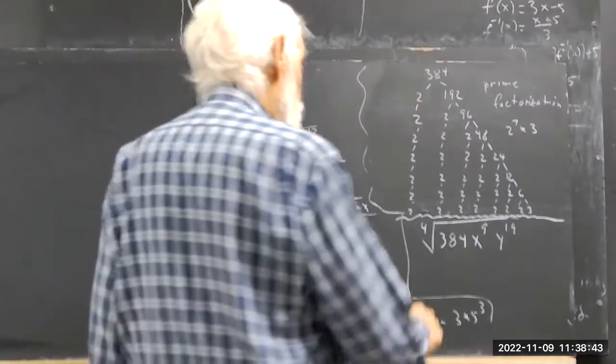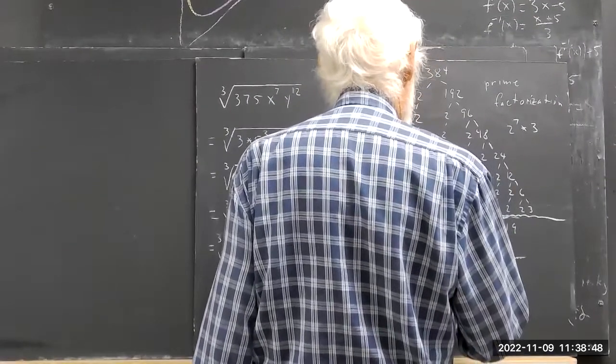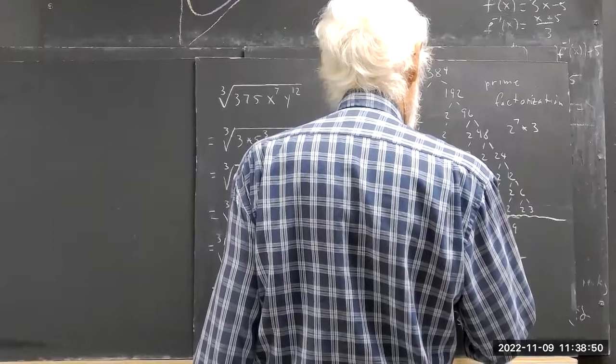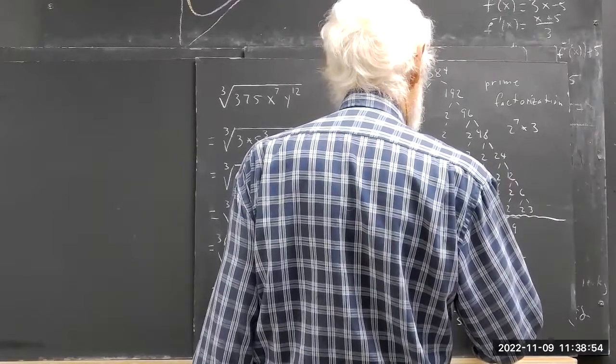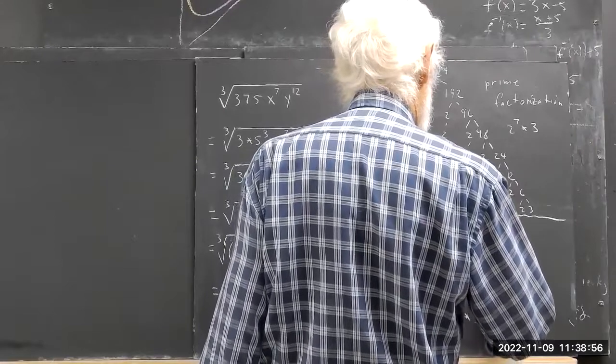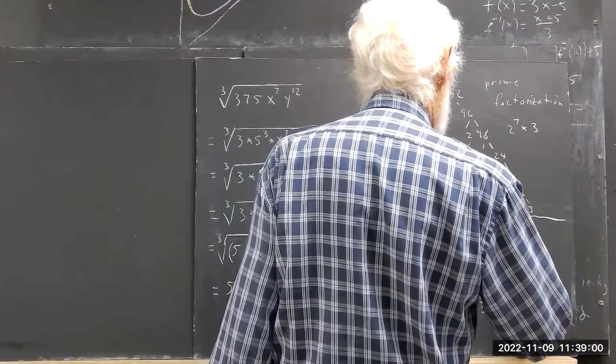So now we know that this is the 4th root of 2 to the 7th times 3 times x to the 9th times y to the 19th.